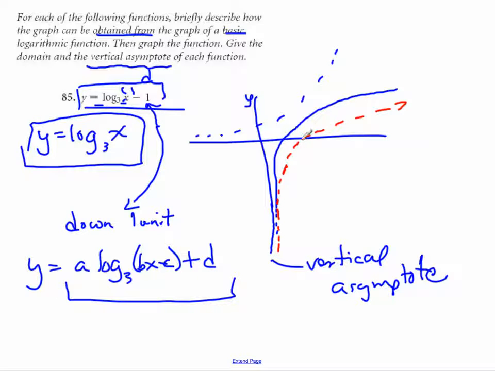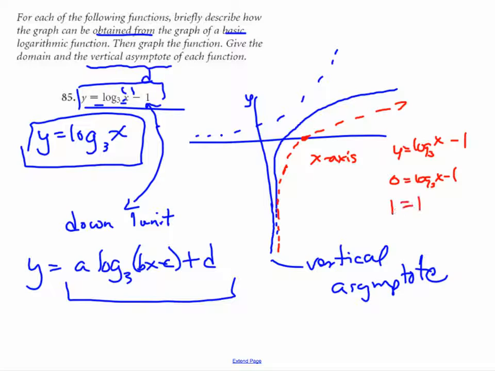Maybe a couple important points might be like this one where it crosses the x-axis. That might be a nice spot to know. And I could know that just by solving this equation. So if I took the equation y equals log base 3 of x minus 1, and solve it for a y value of 0, so it'd be 0 equals log base 3 of x minus 1.